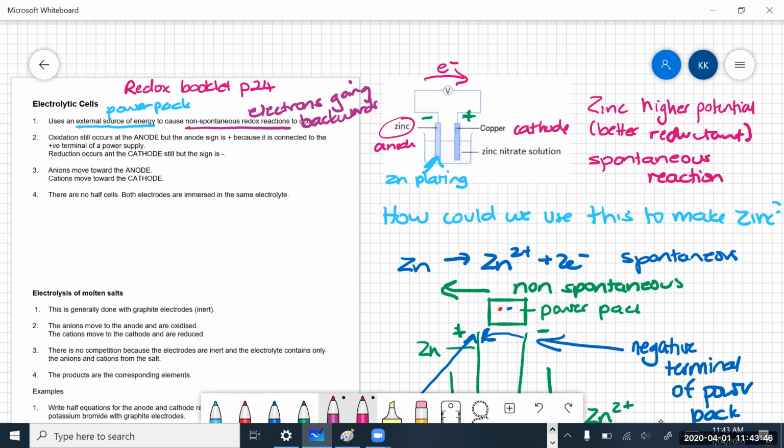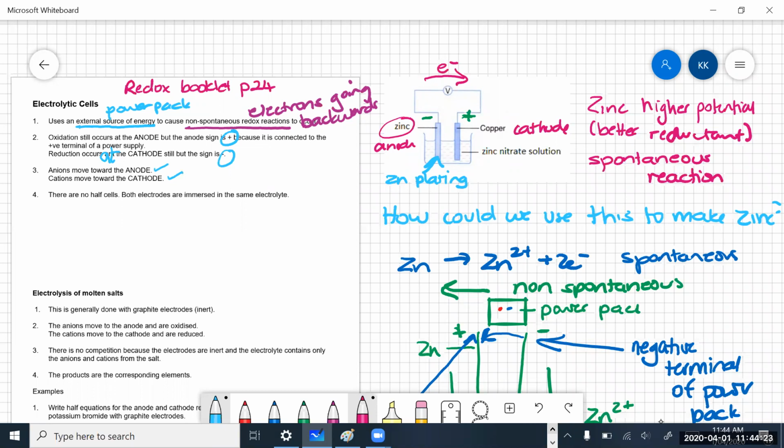Now, oxidation still occurs at the anode, but we just changed the anode sign, and the anode sign is now positive, because we're connecting that to the positive terminal of the power pack. And reduction is still going to occur at the cathode, but the sign of that's going to be negative now. Anions are going to move towards the anode, and cations are going to move toward the cathode.